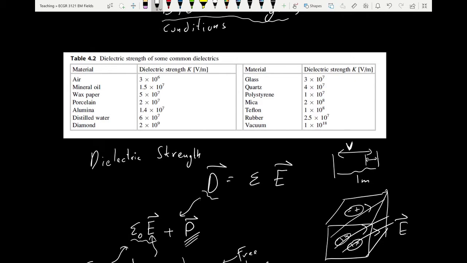In this case, the dielectric strength is 1/100th of this, so it's going to be 3 million over 100, which becomes 30,000 volts per centimeter. And typically you are given the dielectric strength of air as this value. It's given as 30,000 volts per centimeter.